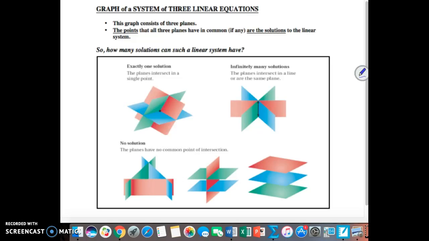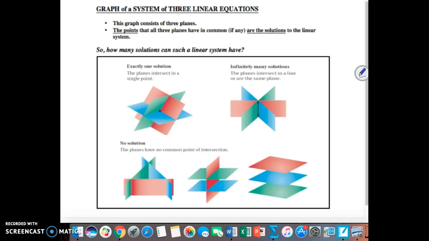Before, when just dealing with an x and a y variable, whether the lines intersected at 1 point, no points, or infinitely many points told us the number of solutions. Since we have 3 variables per equation, instead of having lines, we're going to have planes. So wherever these planes intersect is the number of solutions.